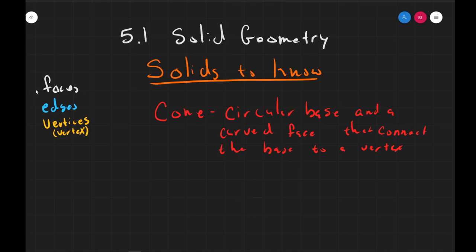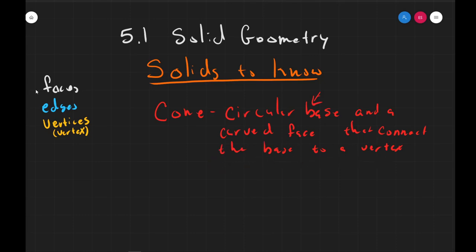So the next shape we're going to talk about is a cone. A cone is a solid that has one circular base and a curved face that connects that base to a vertex.